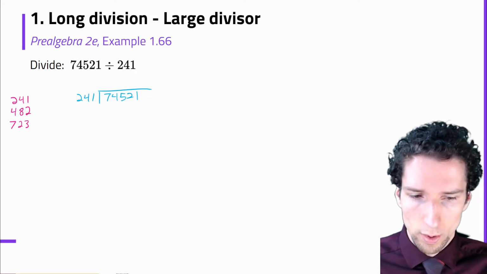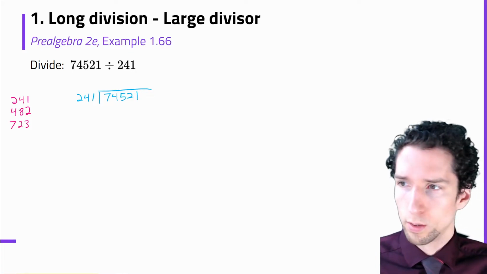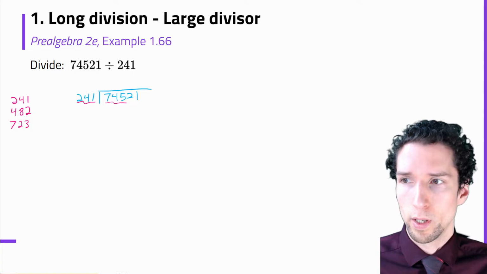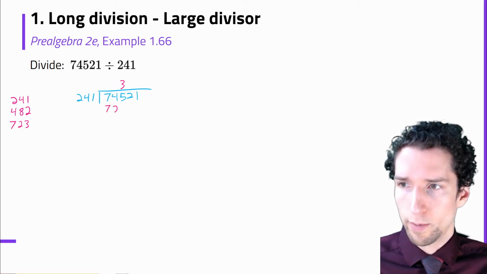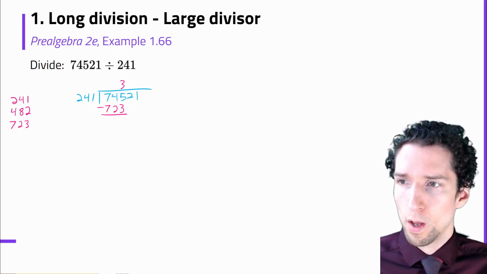Okay, so it looks like this will go in 3 times. So 241 goes into 745 3 times. Okay, and that gives us 723 here. So subtract that, and that will leave us with 22.